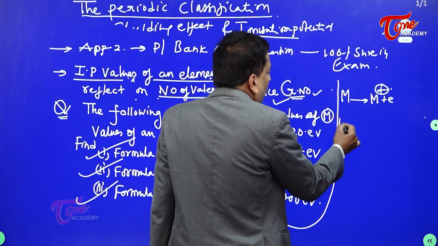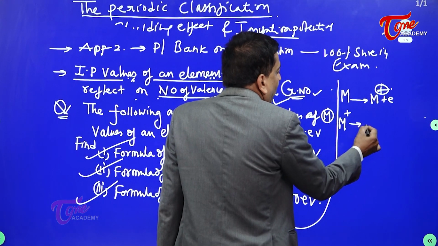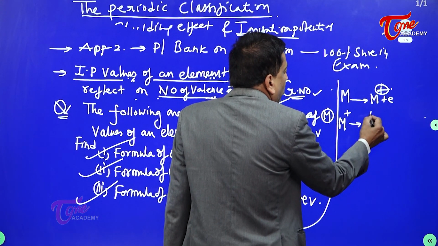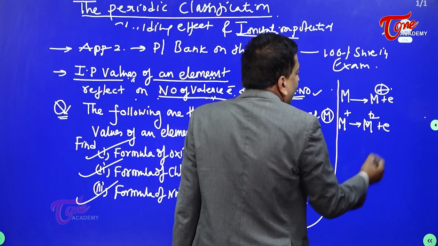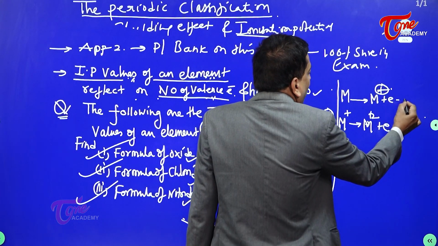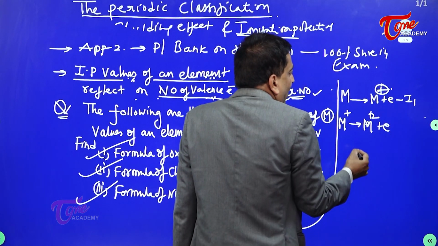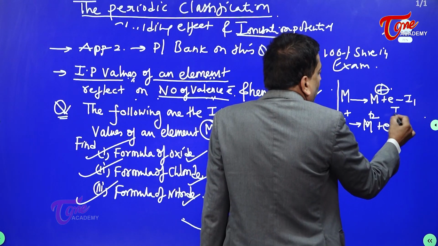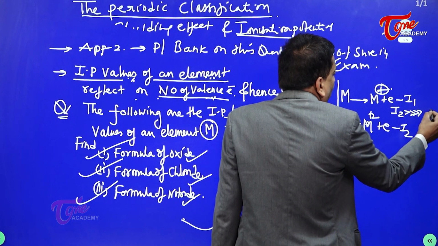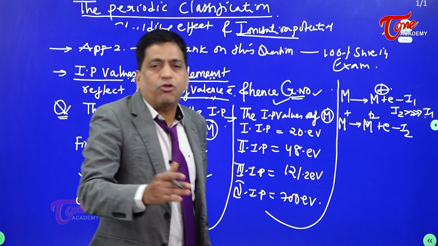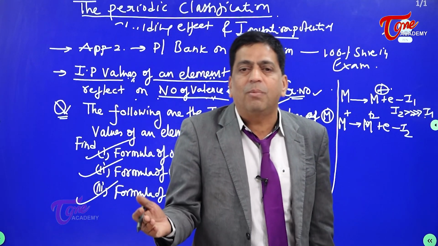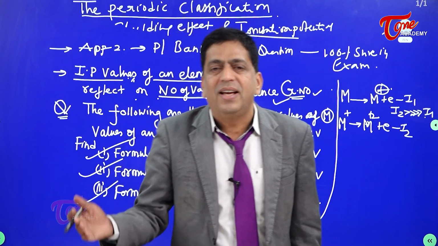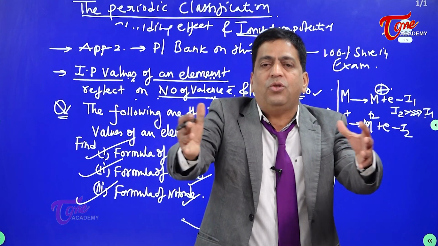And from this positive charge, if you try to remove another electron so that you get a double positive charge, it is difficult for you. If this is I1, it would be even more difficult for I2, and I2 will be greater than I1, because whenever you remove one electron from the outermost orbit of an element, the atom shrinks in size.